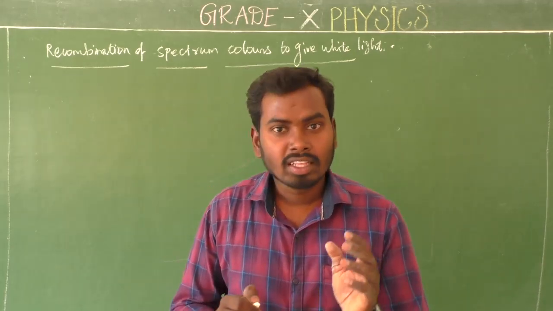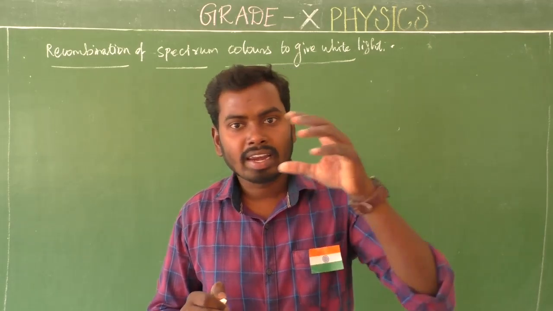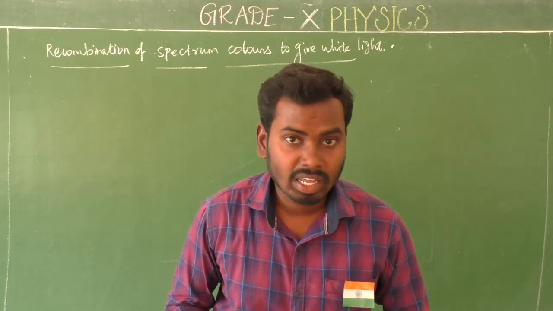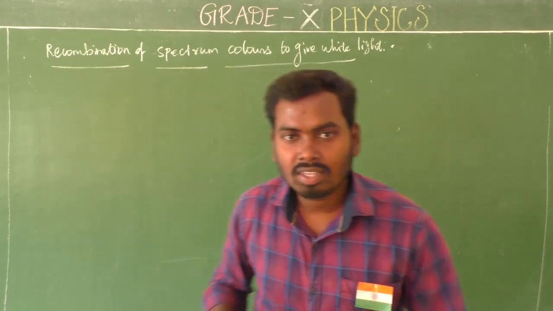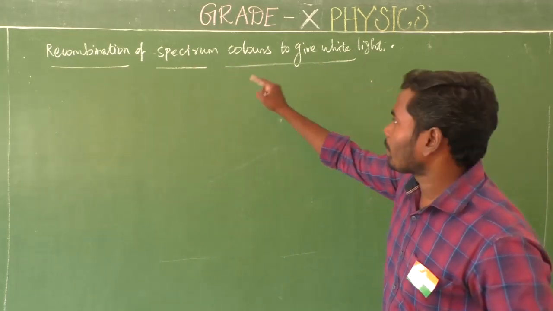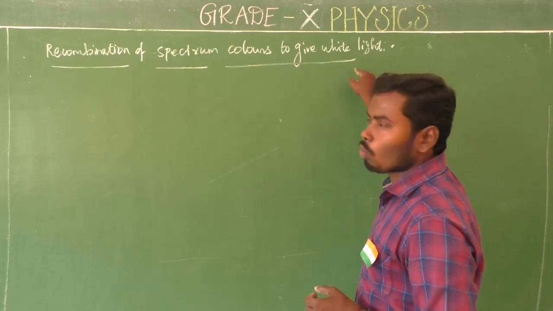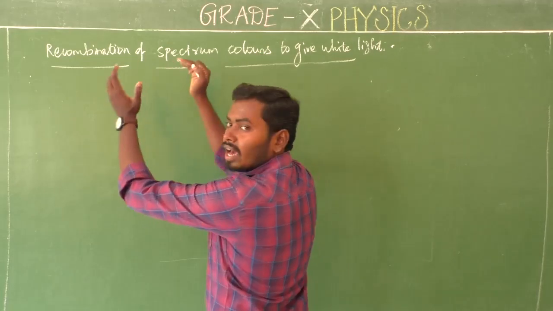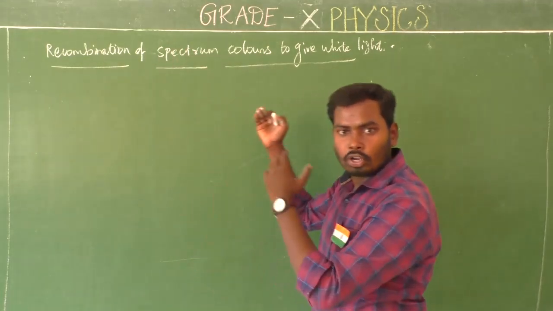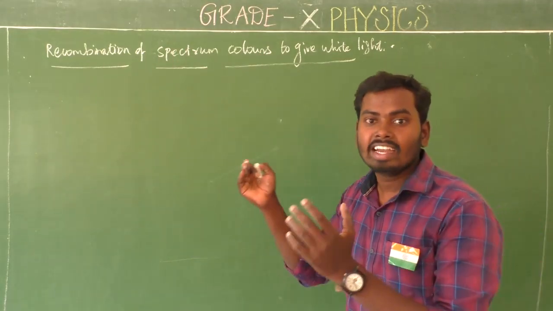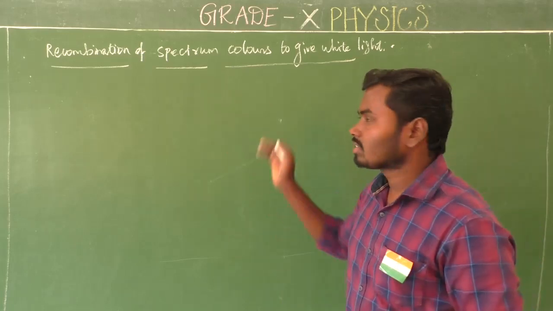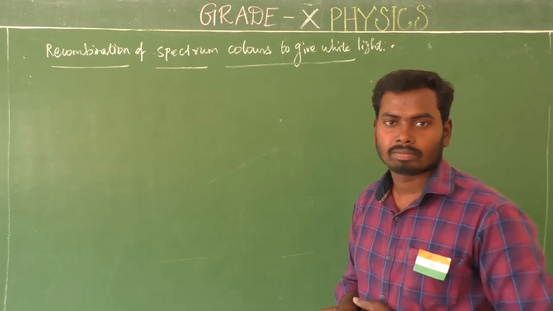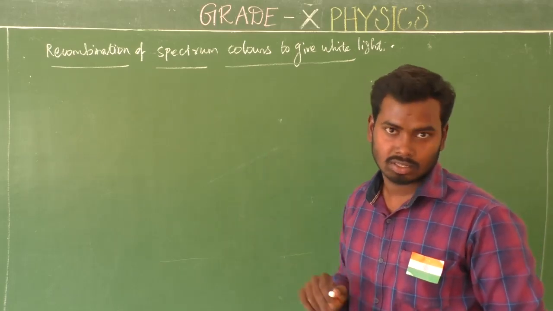These refracted rays recombine and give white light again. That process is called recombination of spectrum colors to give white light. Is it clear?